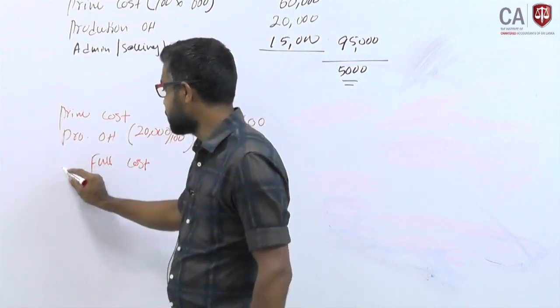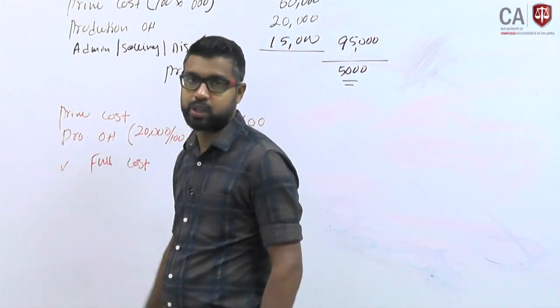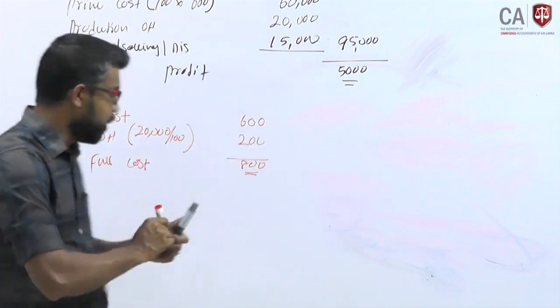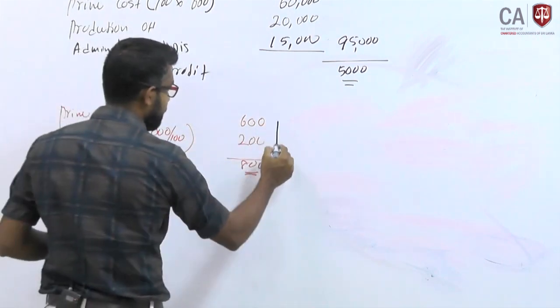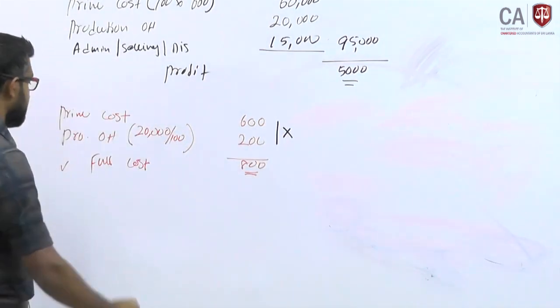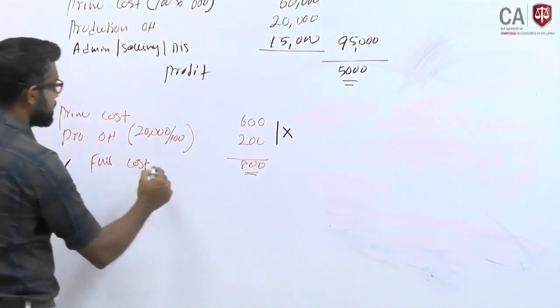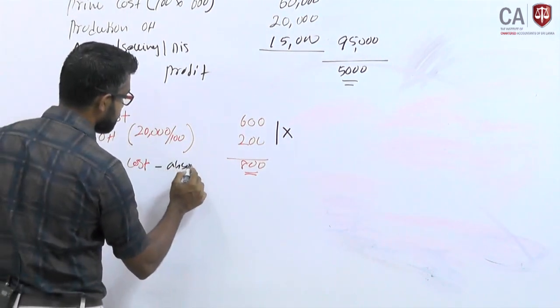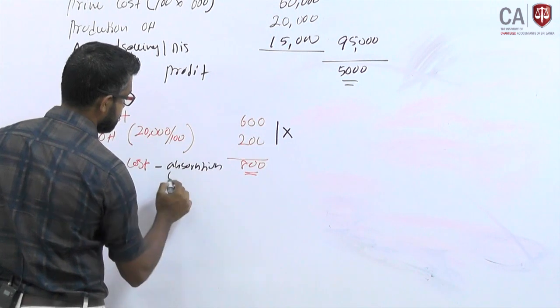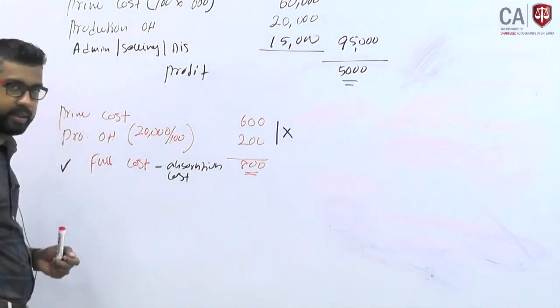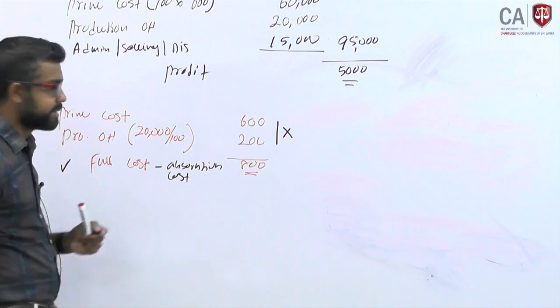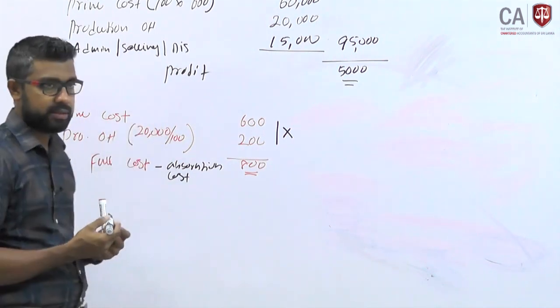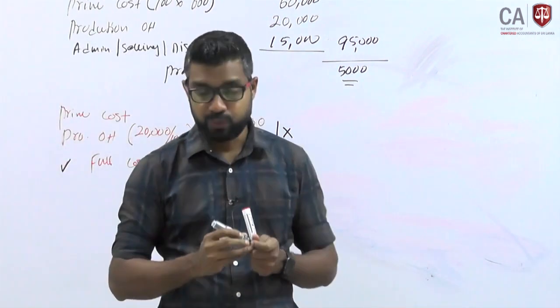We use full cost in where? Absorption costing. We don't want this classification in absorption costing, we want only full cost. But if you have a marginal costing system, this classification is required. Let's say now you have 800 full cost.